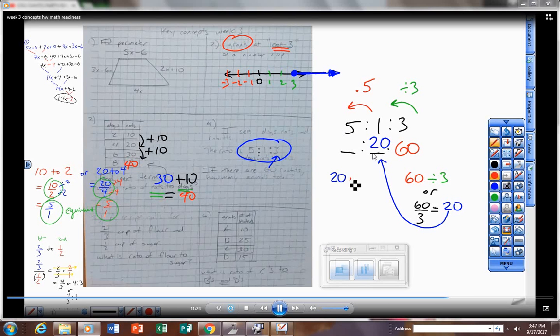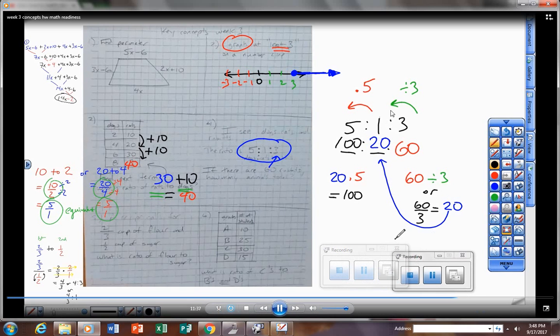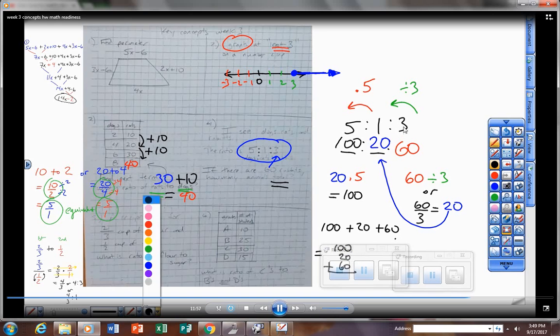So just remember on these triple ratios, that middle number, when you're going from the 1 to the 3, expanding out to 3, you're multiplying. But if I give you that end number and you're going back down to 1, you've got to divide by 3. So 60 divided by 3 whittles it down to that 3 to 1 ratio. 60 to 20 is that same ratio of 3 to 1. 60 divided by 20 is the same as 3 divided by 1.